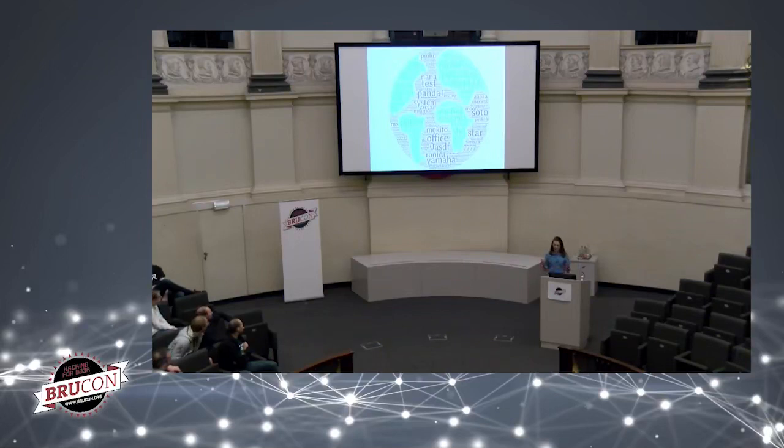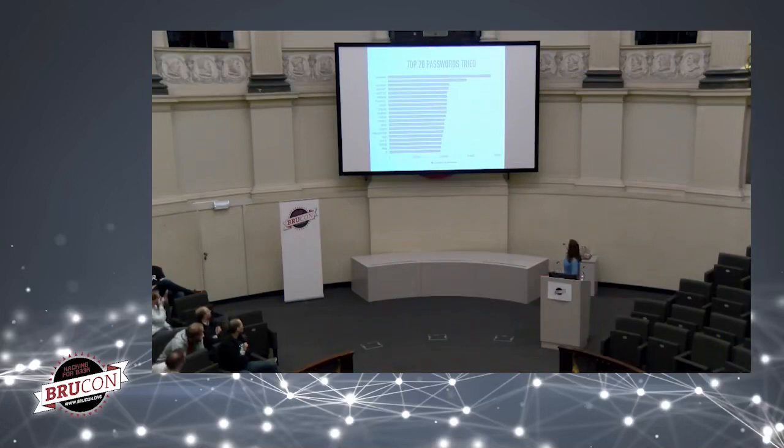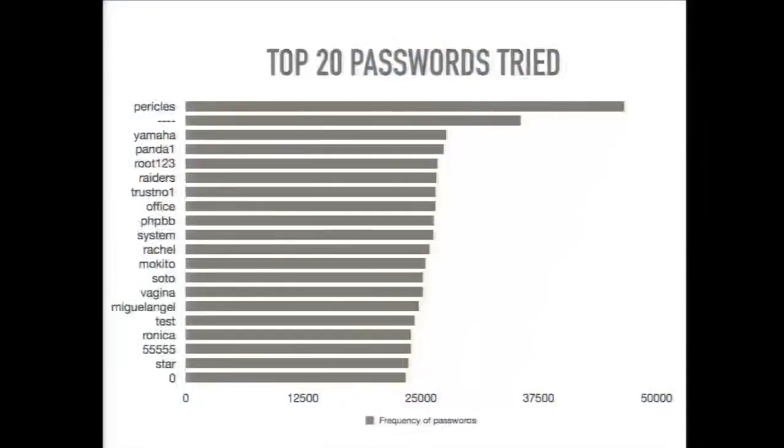We were not able to find an available list online, so we assumed the bot is using a customized password list. Here is the breakdown of the top 20 passwords tried by the bot, and you can see that Pericles was used almost 50,000 times. There are other interesting words that I'm not going to pronounce here, but for example, Pericles was used more than root123, which I found very interesting.